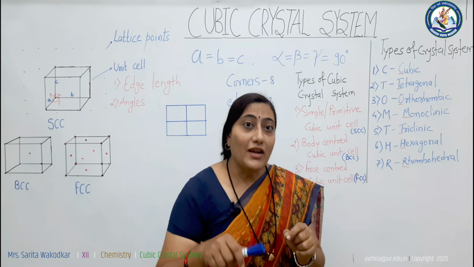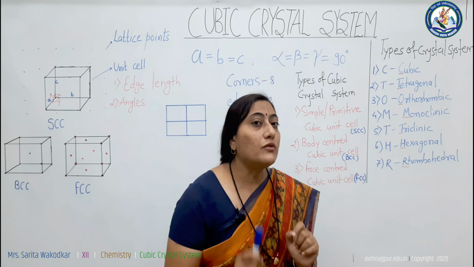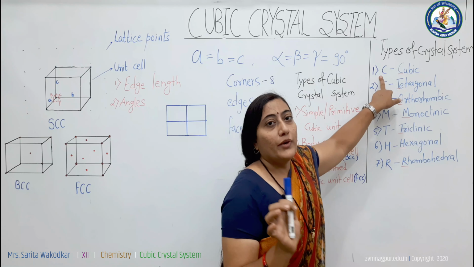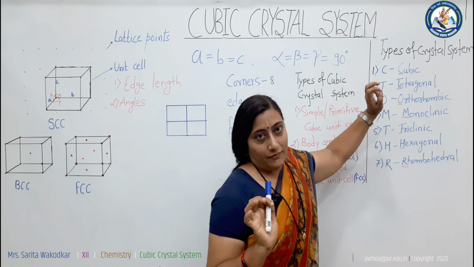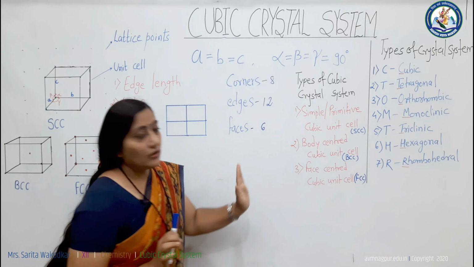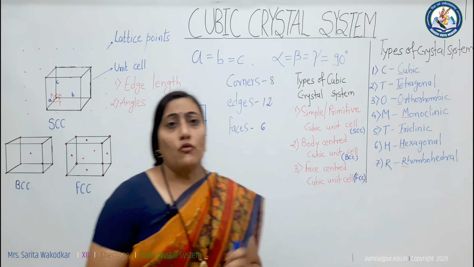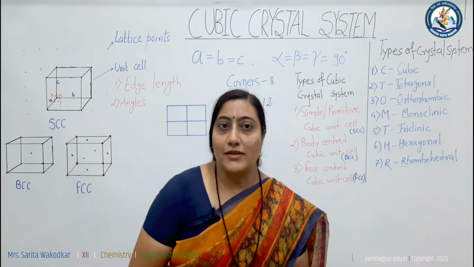Out of these 7 types, we are going to discuss only the first, that is cubic crystal system. Okay, so this is about the cubic crystal system. Now what is meant by cubic crystal system?